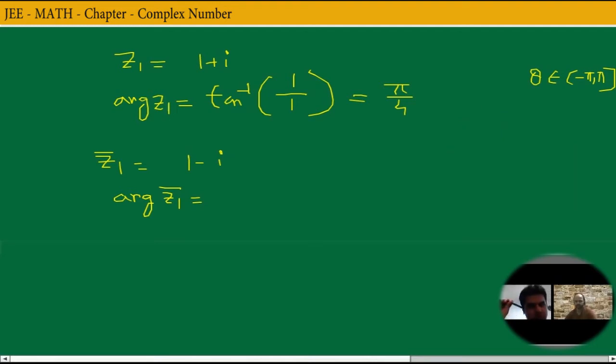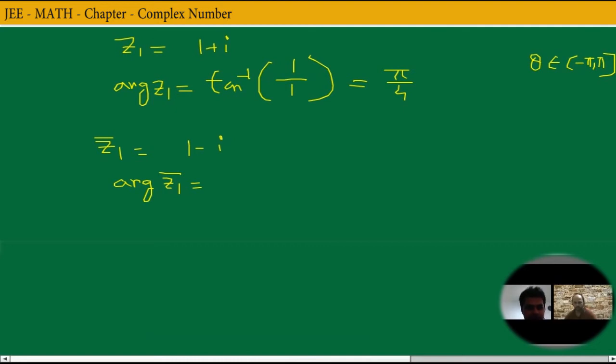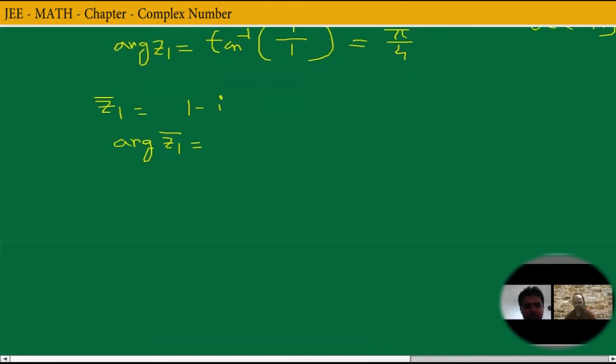Now the question is, can you calculate arg z1 bar? Can you move the screen a bit? I can't see the question. Now can you see that? Yes.